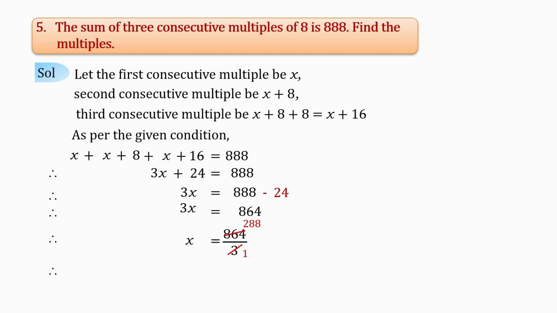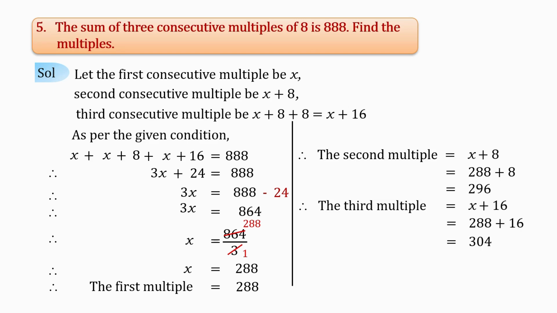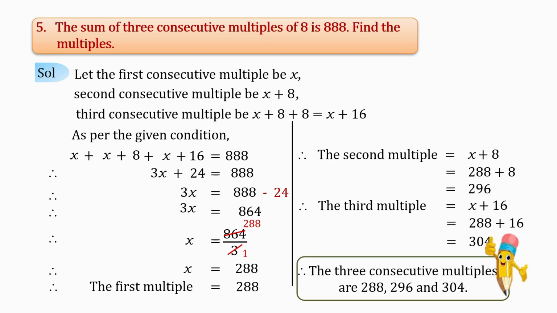So we got x equal to 288. This is the first multiple. The second multiple will be x plus 8, that is 296. And the third multiple will be x plus 16, that is 304. So the three consecutive multiples are 288, 296 and 304.